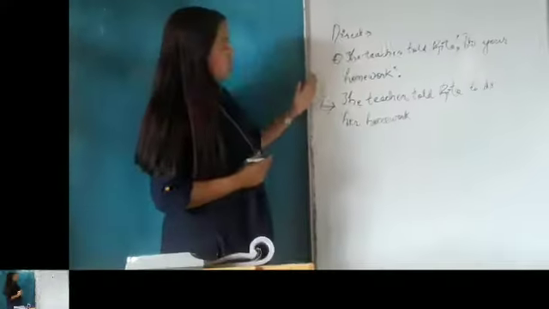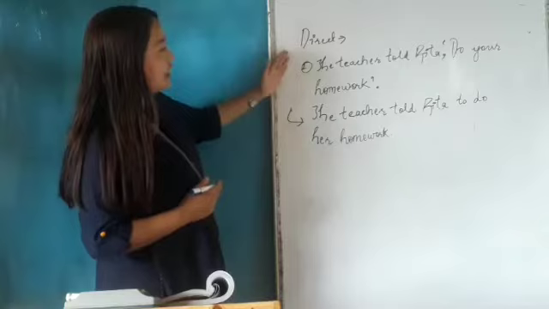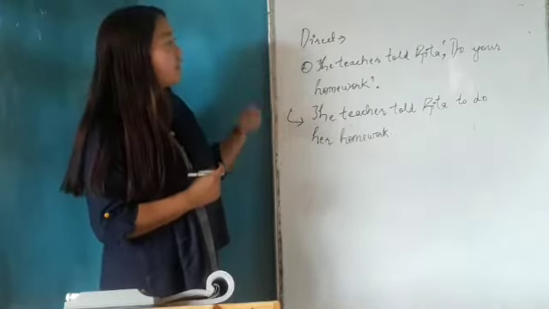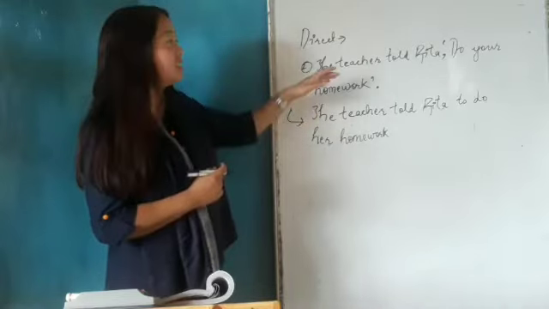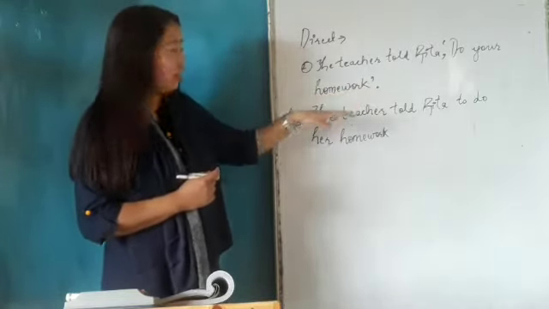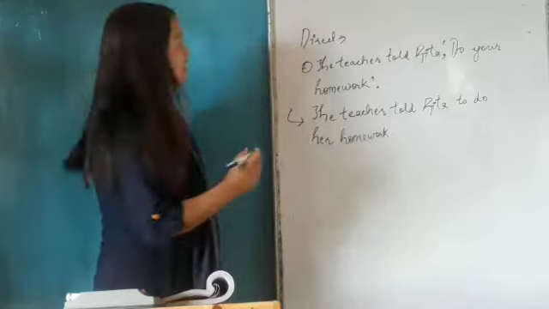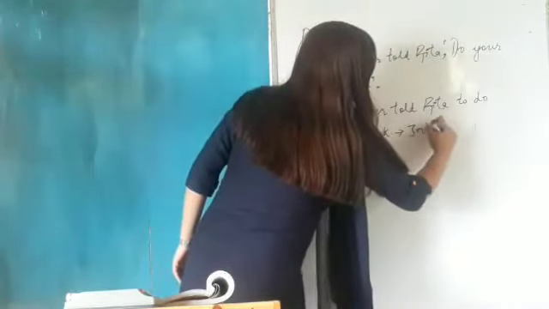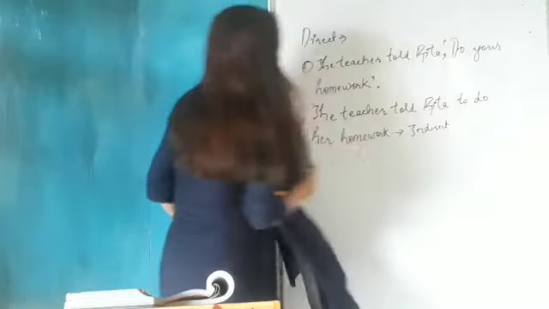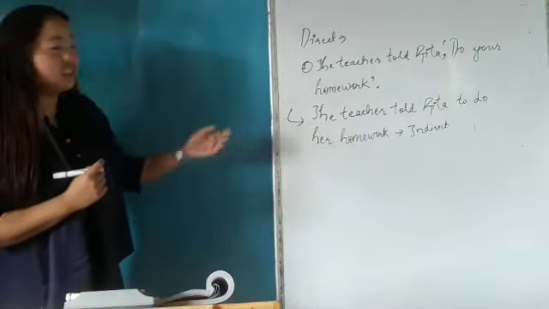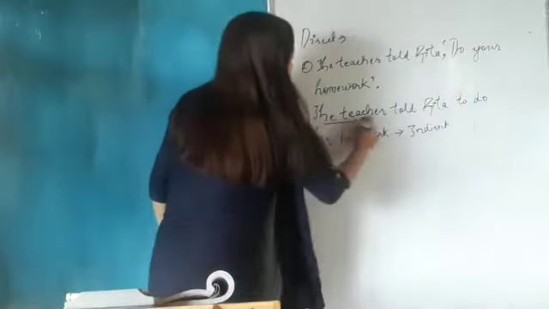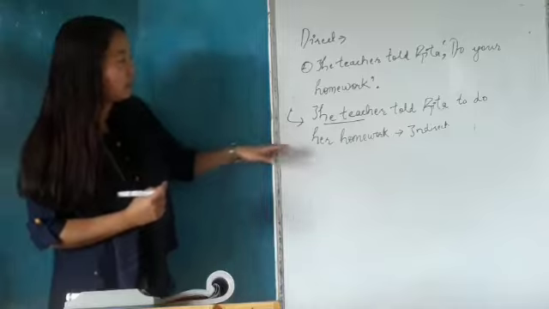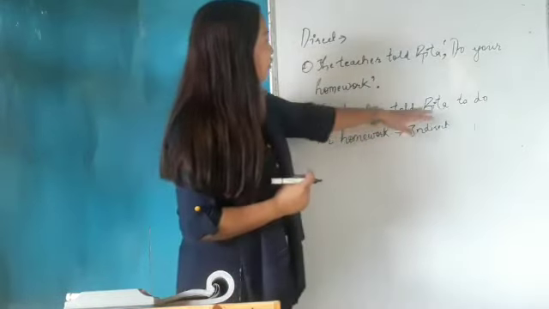When you look at these two sentences properly, the first one is direct speech because you are conveying the message of the speaker, that is the teacher, in an exact way. The other one is indirect speech, because you are conveying the message of the teacher not in an exact way, but you have altered the sentence.